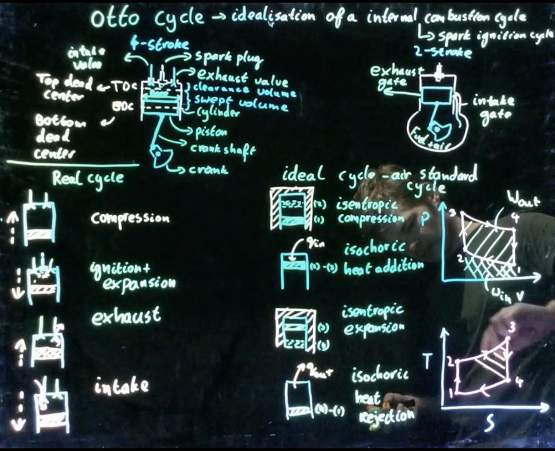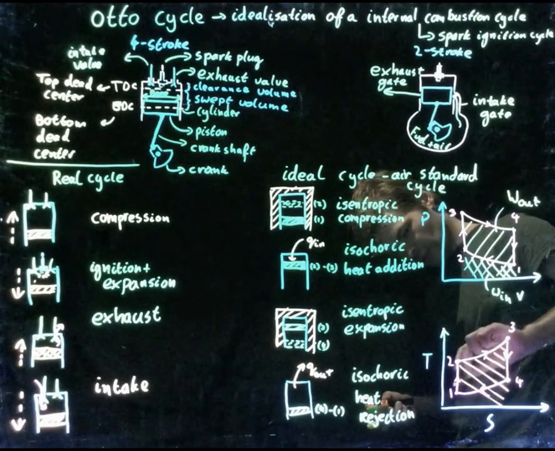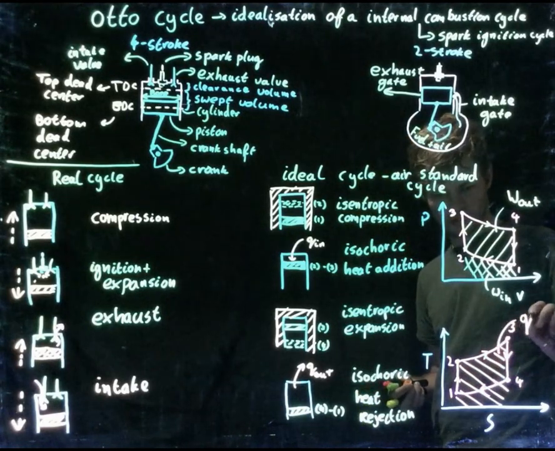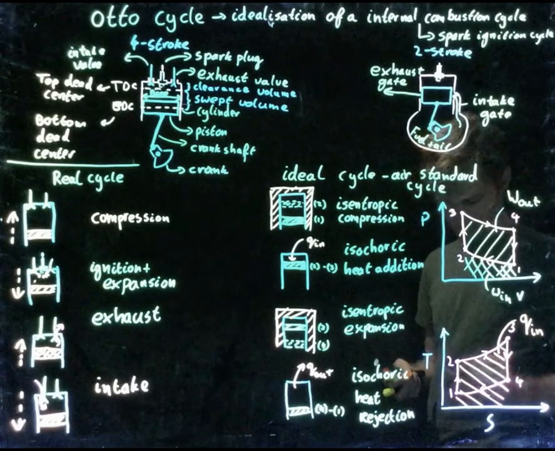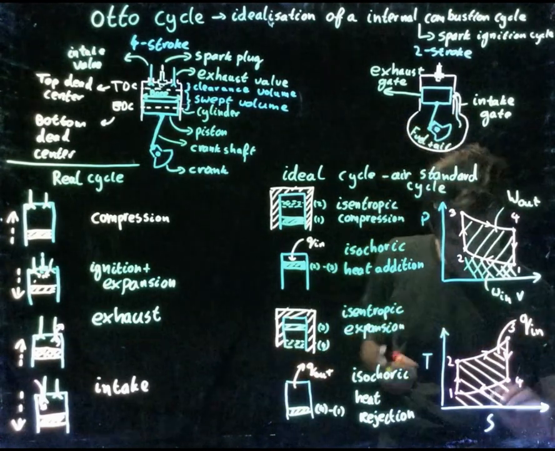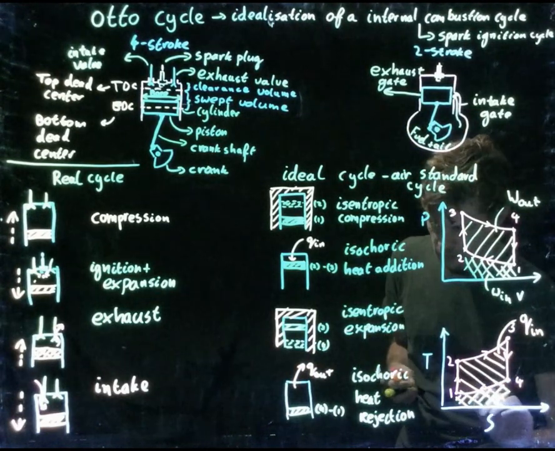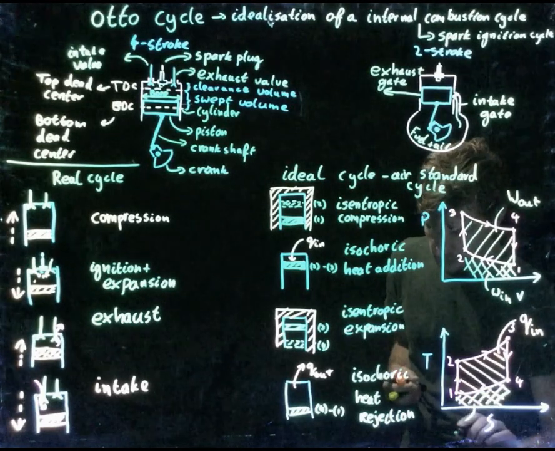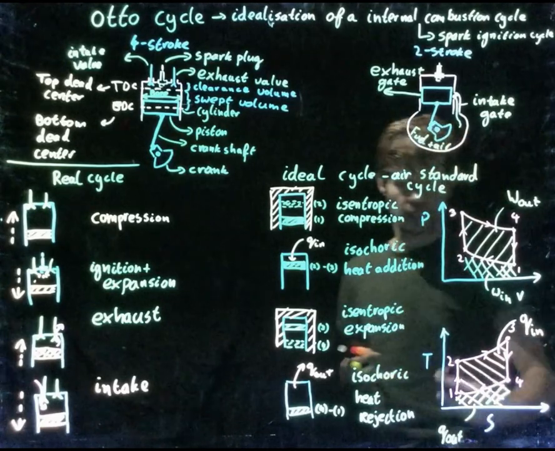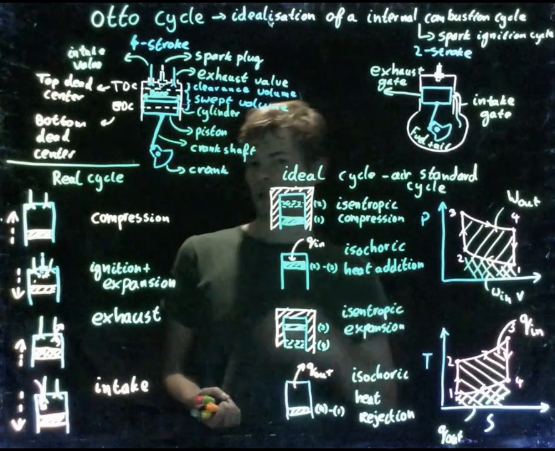So this area over here will actually correspond to the Q in, and the area over here, let's choose another color, will actually correspond to the Q out. So if we can calculate the integral, we know what Q out, Q in, and work will be.